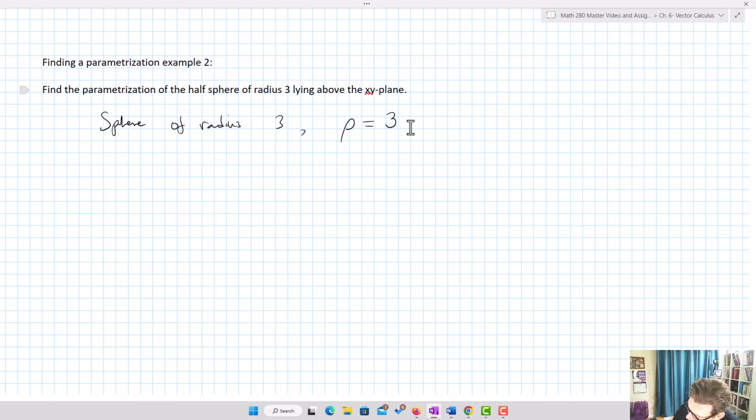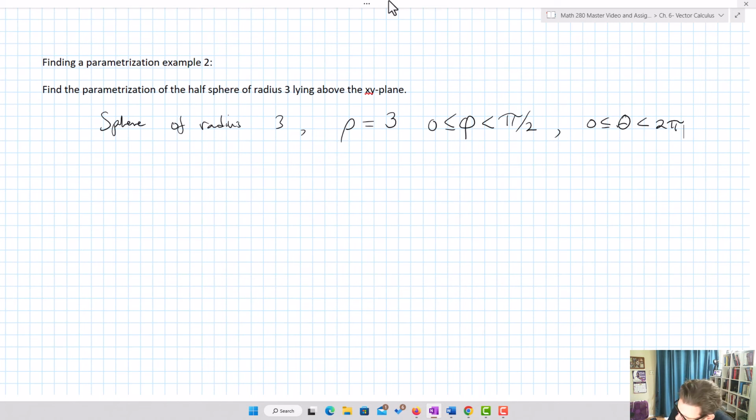And since we're looking above the xy plane, phi is going to be greater than or equal to 0 and less than pi over 2, because we're only looking at it above the xy plane. And then our theta is going to go from 0 to 2 pi.